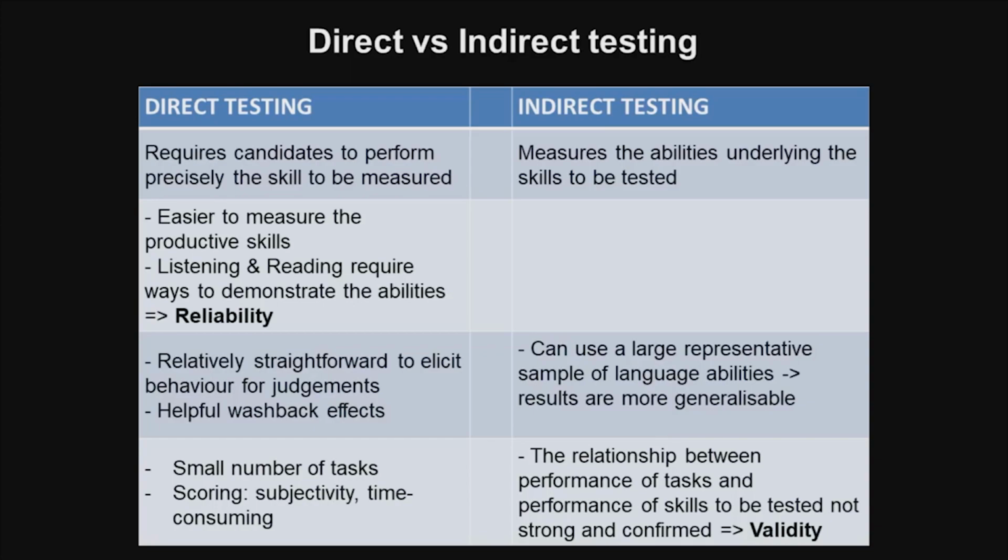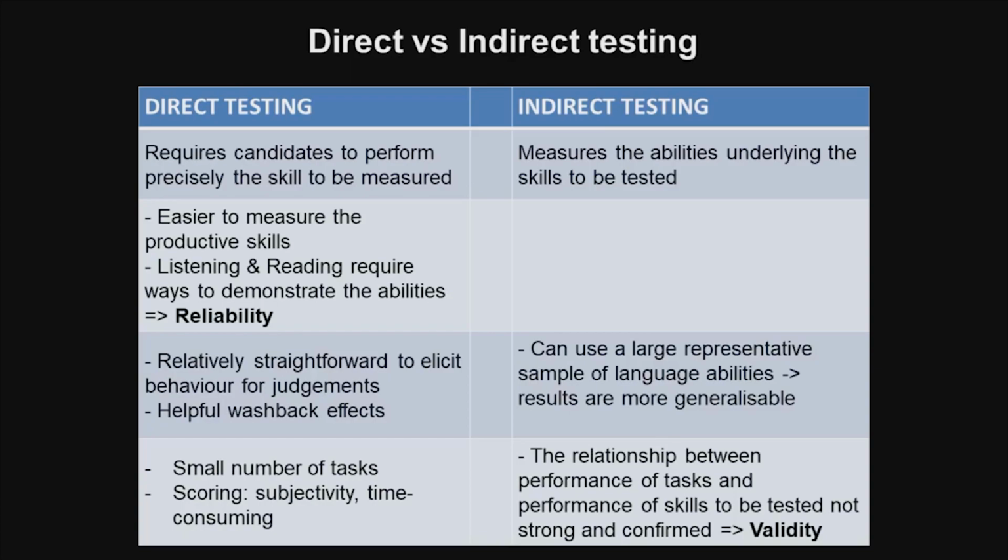And what about the disadvantages? As I mentioned previously, the relationship between performance of tasks and performance of the skills to be tested may be loose. You can't be sure that the fact that the students can rearrange the sentences in a text will reflect their ability to write a good text.